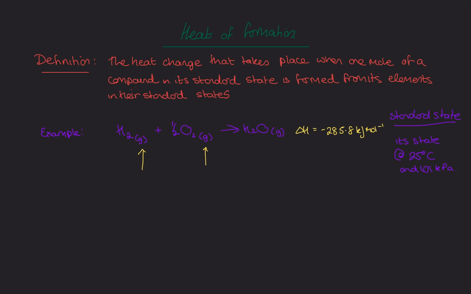And is H2O a gas at 25 degrees Celsius? No, so that is going to be a liquid. And if something was a solid at 25 degrees Celsius, you'd put in small brackets (s). They all represent the states of those compounds at 25 degrees Celsius.